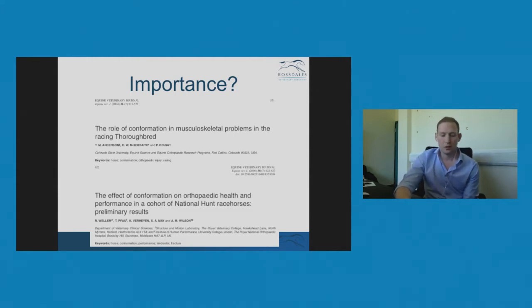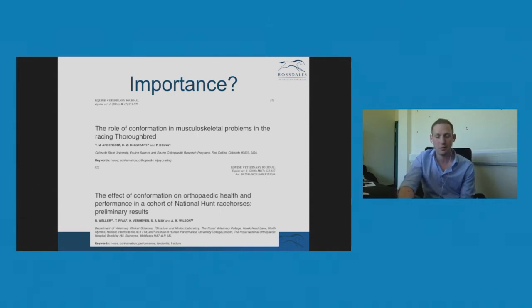So there's not an awful lot of science behind all of this, but there is a bit of work done. I think the basis behind all conformational evaluation is what people believe will make a good racehorse and make them protected to stand up to training at a high level.